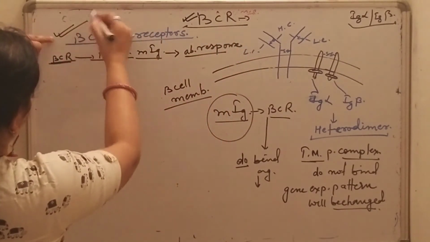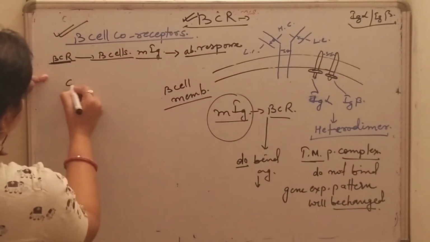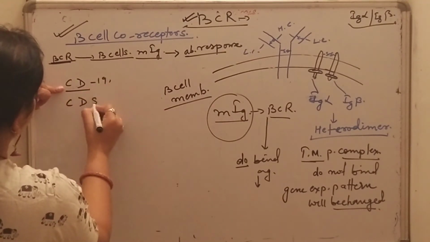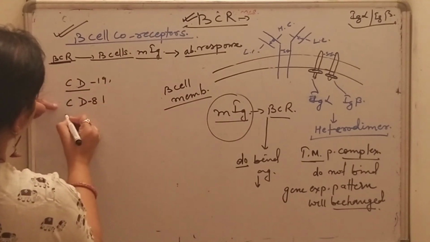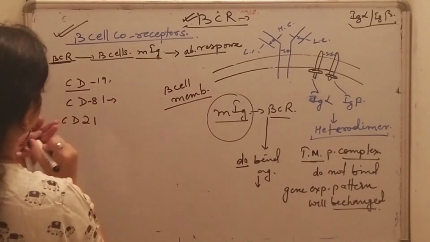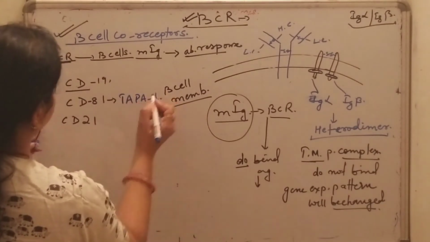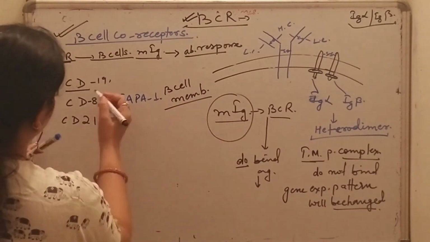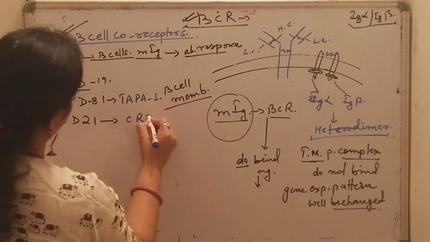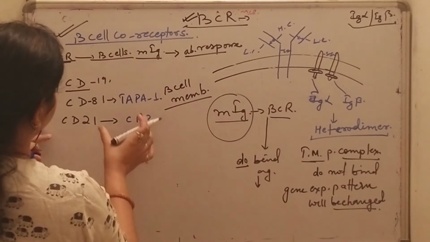Okay, now there are some more molecules. What I am talking about, B cell co-receptor, there are some more molecules on the B cell membrane like CD19, CD81, okay, CD21. This CD81 is also known as TAPA1, and CD21 is also known as CR2. So these all are also present.